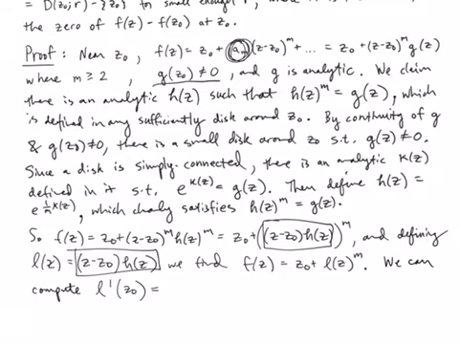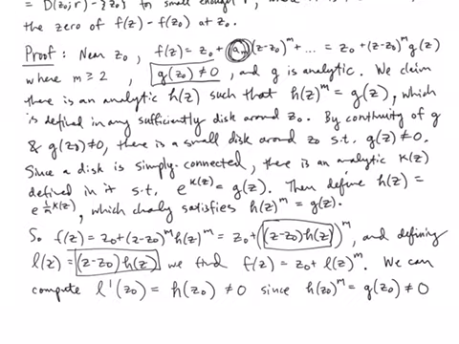So that is just going to be h at z naught, which is not equal to 0 since h at z naught to the m is equal to g of z naught, and g of z naught is not equal to 0.